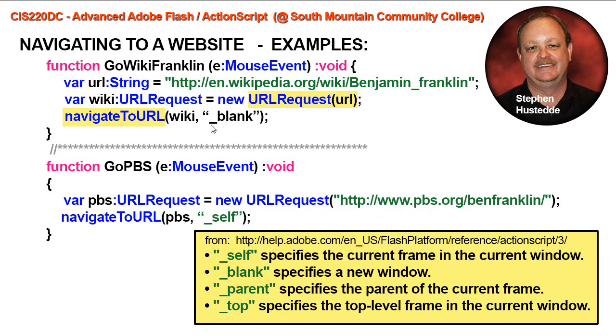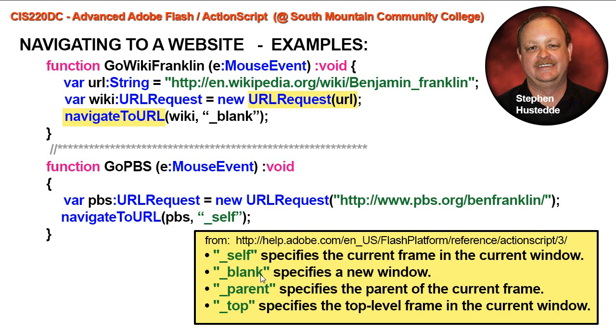There are four different values you can specify here in terms of these windows. And this is from the help.adobe.com webpage. If you do a Google search on ActionScript 3 navigateToURL, you'll find this page. So I copied from that page. Here are the four different options: self, blank, parent, and top. I pretty much exclusively use self or blank, and most times I'm going to use blank.